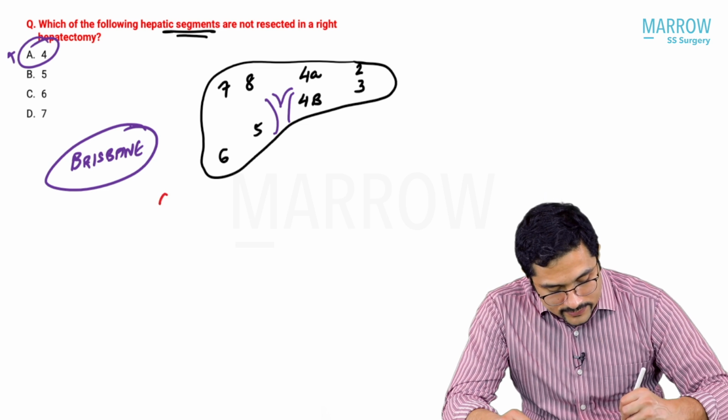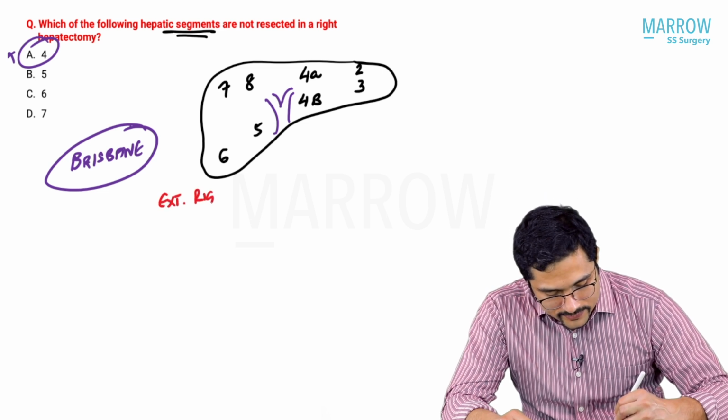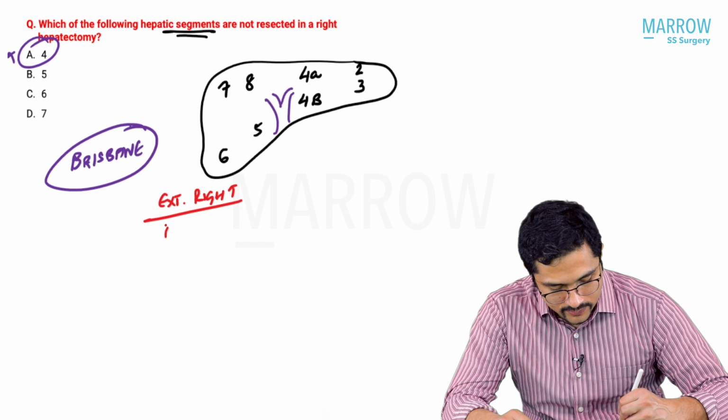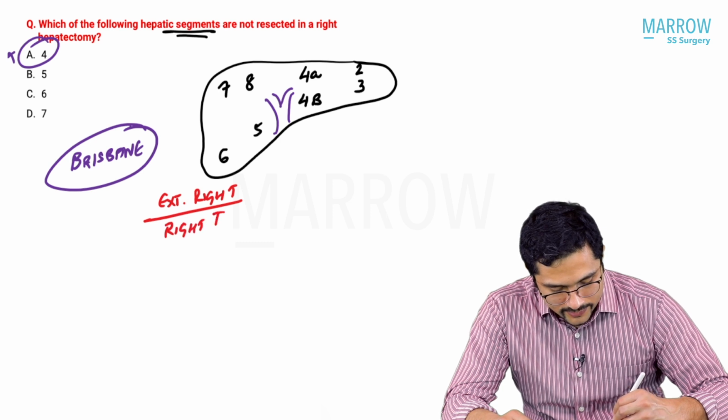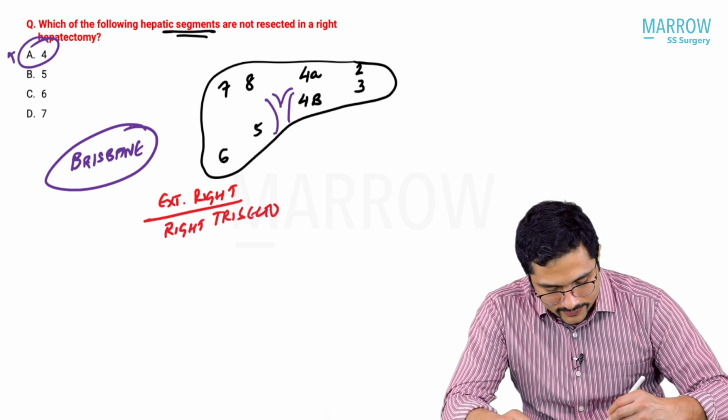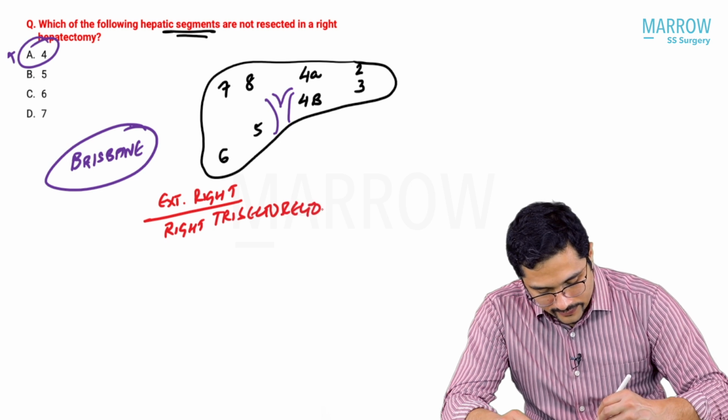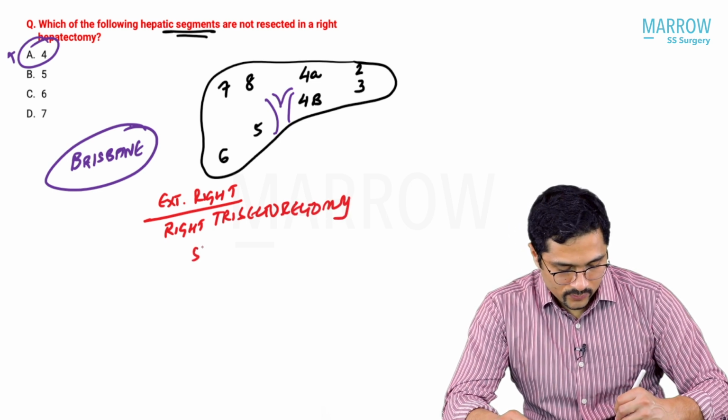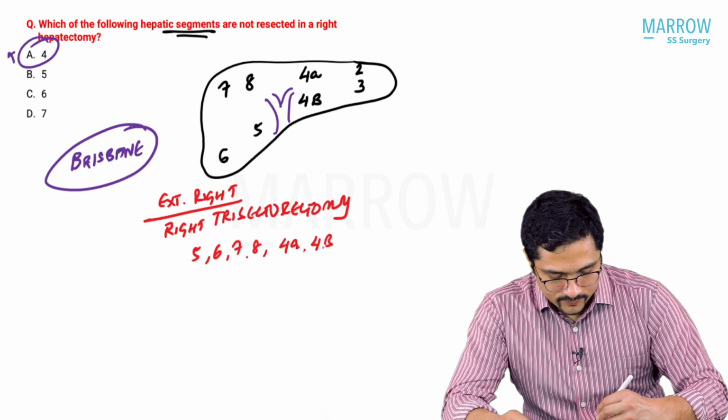If you want to do extended right, the new name is right trisectorectomy. Then it is going to be 5, 6, 7, 8, 4A, 4B. Okay.